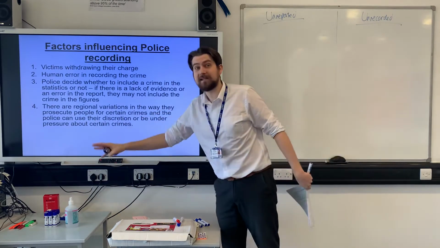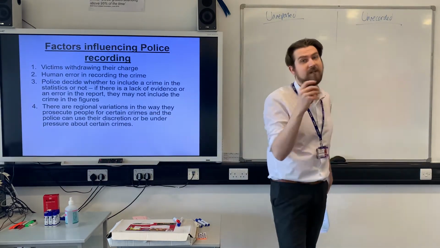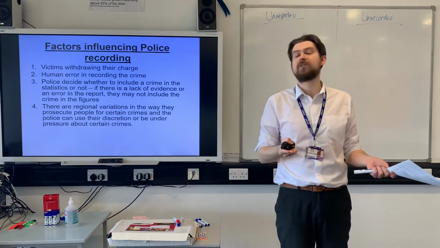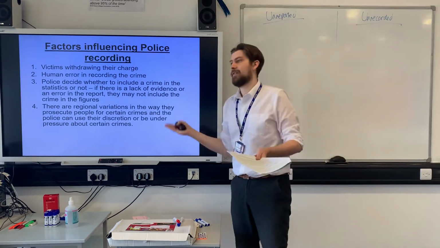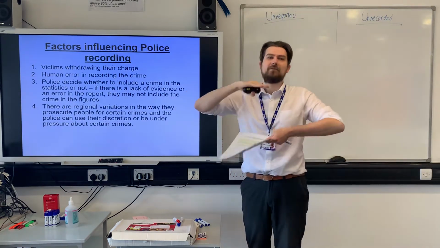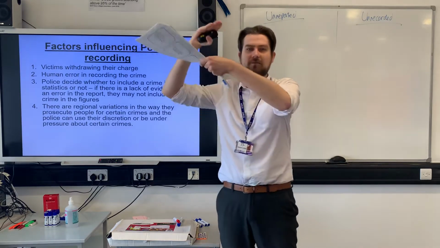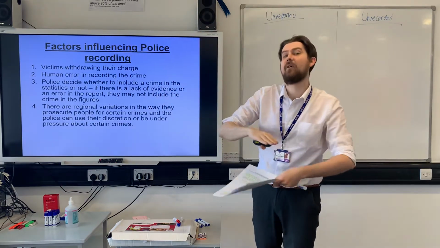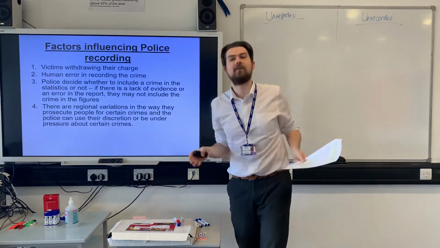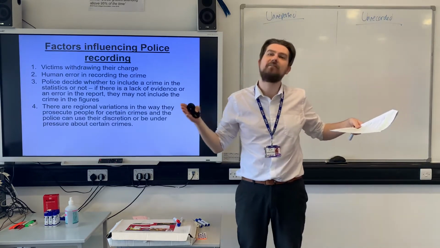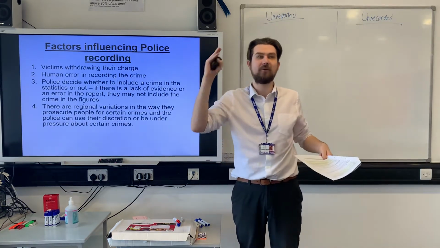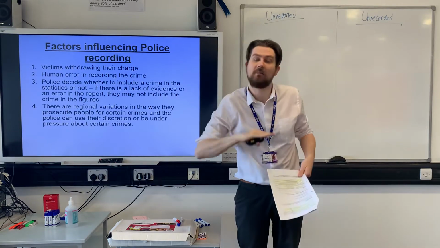As you'll learn today, there's an example where different police forces in different areas record thefts, but only at different levels. So if you're in an area where it's got to be £10 or above, or an area where it's got to be £5 or above, you might find that the theft increases in areas where they're recording £5 and above. But obviously if it's £10, it might be a little bit lower.